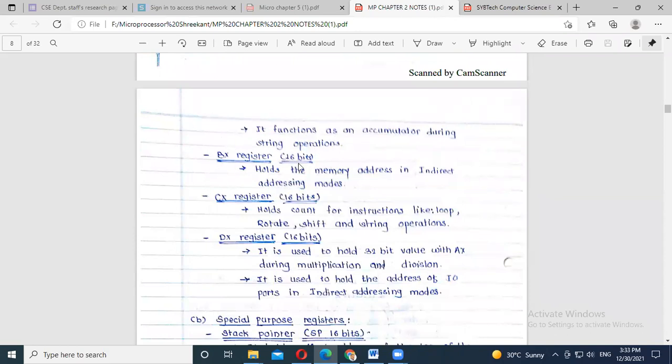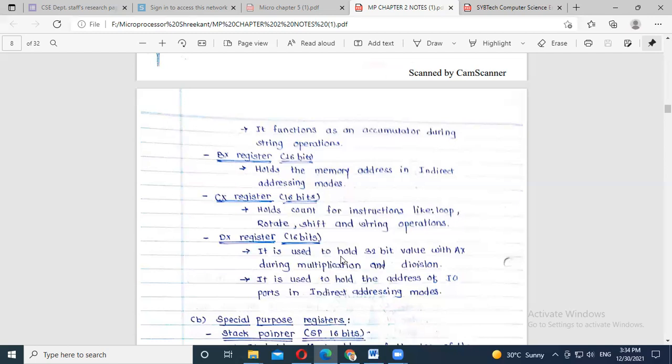Similarly, the BX register, BH or BL, can hold the memory address in the direct addressing modes. The CX register is also 16 bits; all are 16 bits only. It holds the count for instructions like loop, rotate, shift, and string operations.